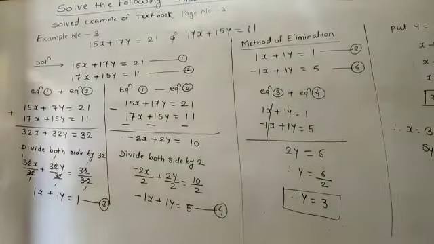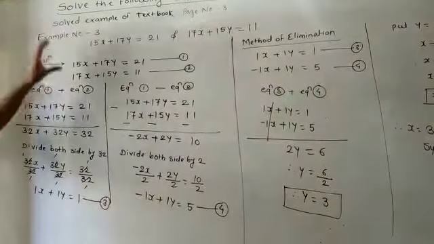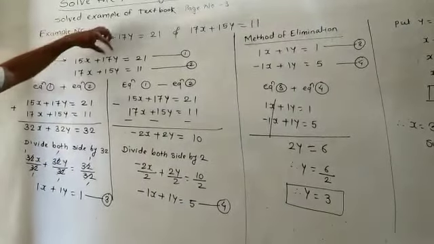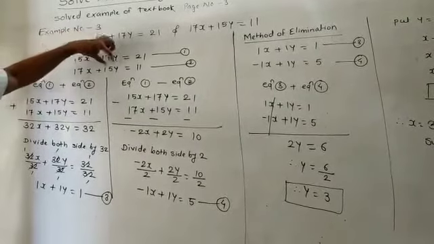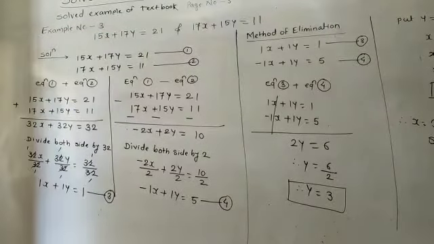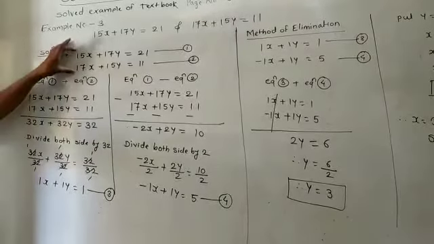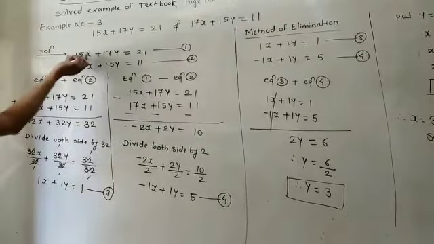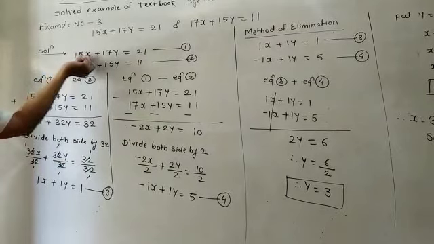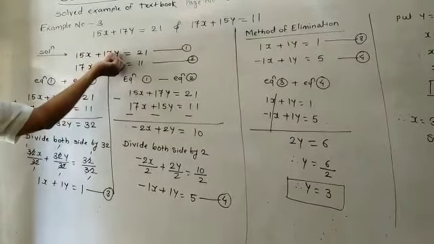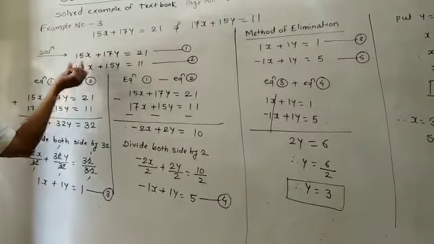But in this example, what is the problem that you have to see? The 15x, 17y and 17x, 15y: the coefficients of both the equations are interchanged. The coefficient of x in this equation is the coefficient of y in the other equation, and the coefficient of y is the coefficient of x.